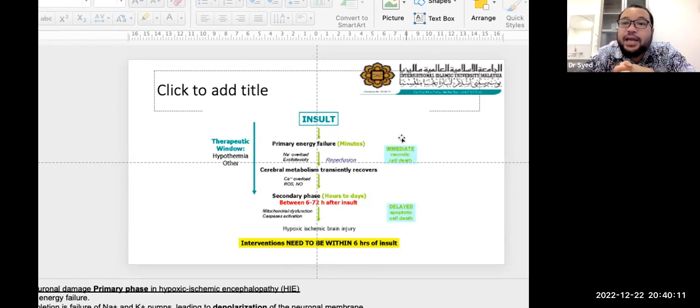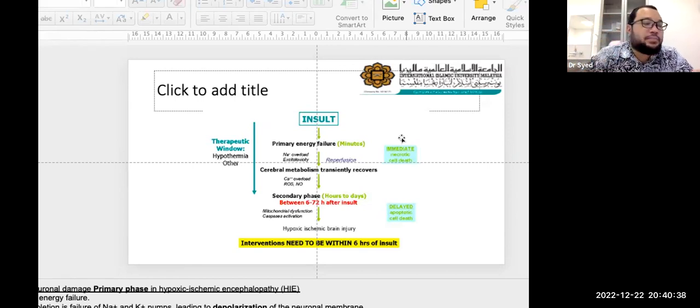Yang pertamanya, dia akan reducekan reperfusion, dia akan reducekan effect of reperfusion. Number 3, dia slowkan metabolism. So all the processes, all the mitochondrial function, everything is slowed down.